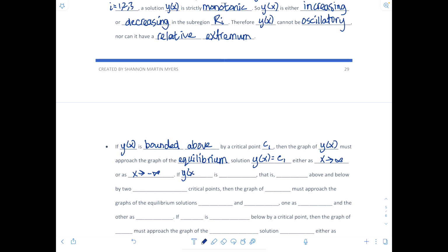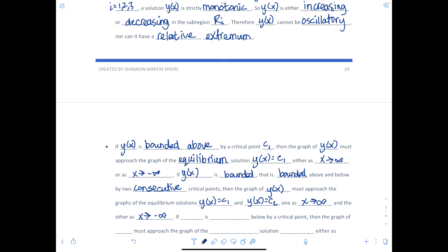If y at x is bounded above and below by 2 consecutive critical points, then the graph of y at x must approach the graphs of the equilibrium solutions y at x equal to c1 and y at x equal to c2, one as x approaches infinity, and then of course the other would be as x approaches negative infinity.